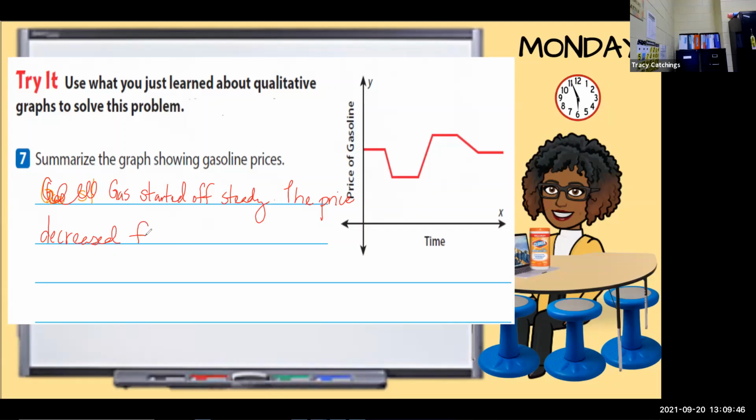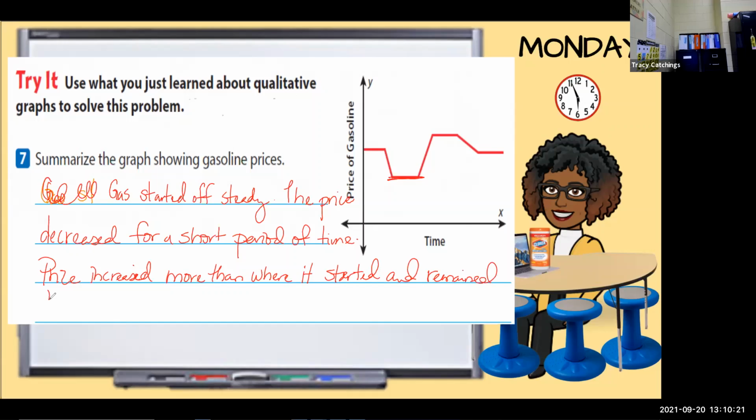Hold on, before you say decrease, make sure we know it was for a short period of time, or for a little while, however you want to say it. So it decreased for a short period of time. Price increased, and Faith had said greater than it started or something of that nature. Price increased more than where it started, and remained for a while. What happened then?